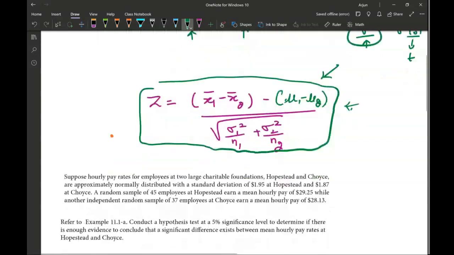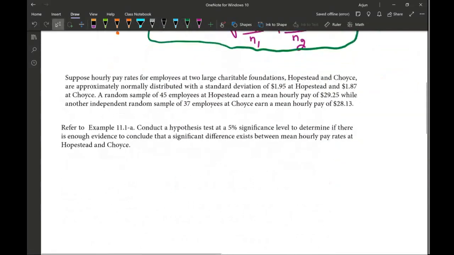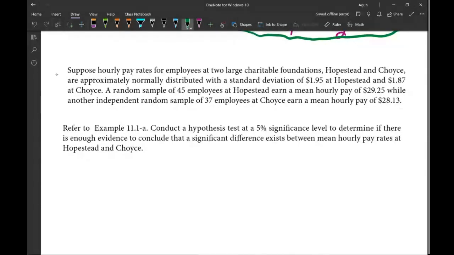All right, so let's try and understand this chapter with the help of an example. So here is the question in front of your computer screen. Suppose the hourly pay rate for the employees at the two large charitable foundations, Hofstede and Choice, are approximately normally distributed with a standard deviation of 1.95 at Hofstede and 1.87 at Choice.